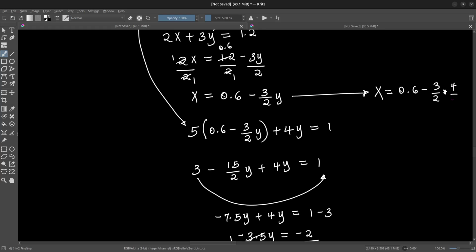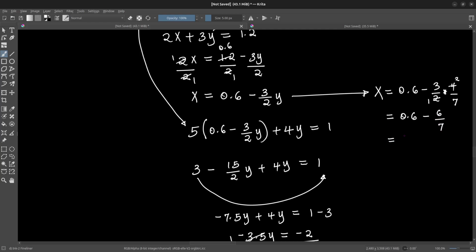So 4 over 7, and this is going to be 0.6 minus, 2 goes into 4 twice, so 3 times 2, that's going to give you 6 over 7.